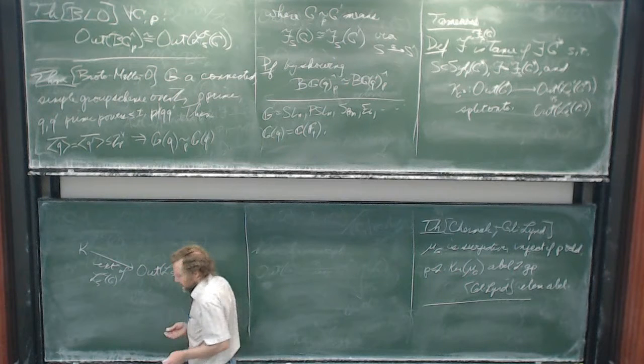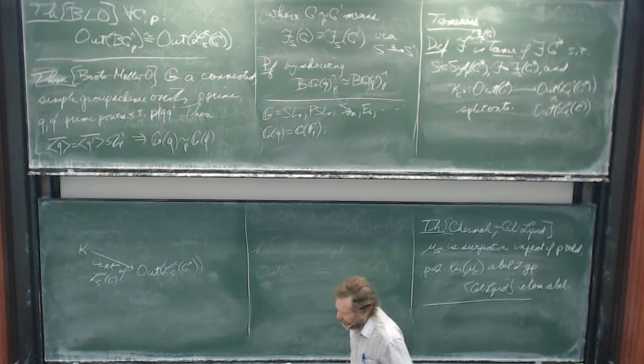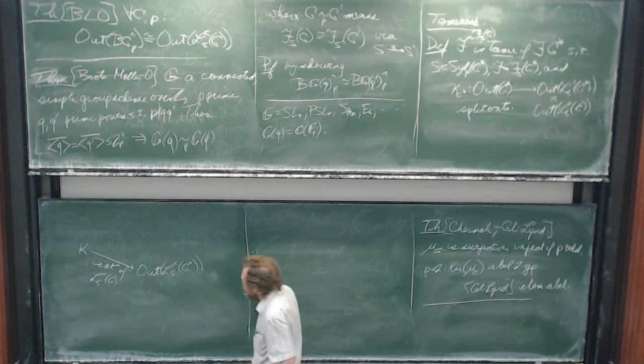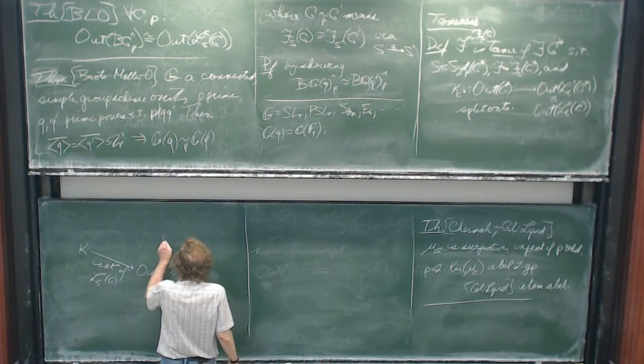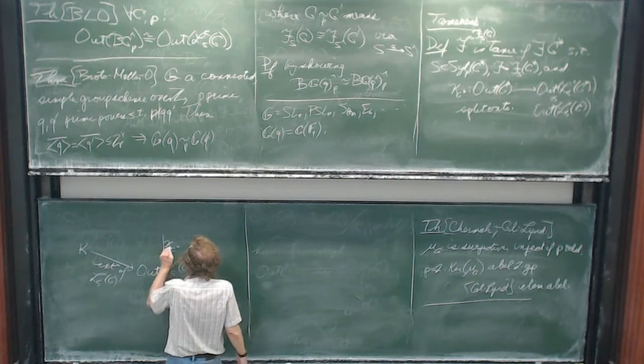Extension of L has the obvious meaning that it's a larger linking system which contains this as a normal subsystem. Got kappa.